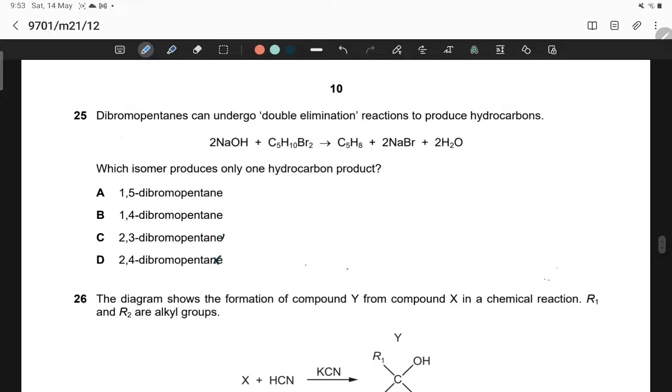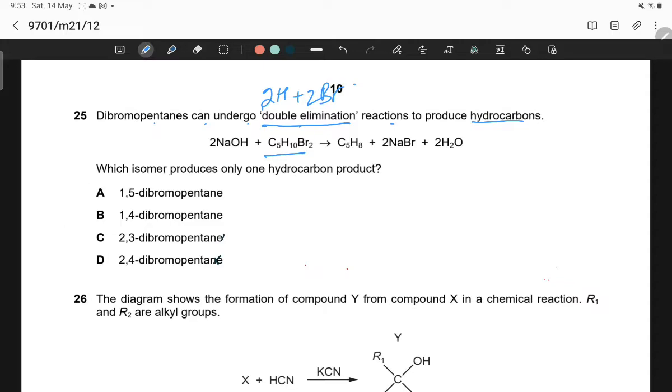Now question number 25. Dibromopentanes can undergo double elimination reaction to produce hydrocarbons. So this is the dibromopentane. Double elimination means 2 hydrogen and 2 bromine atoms are eliminated.